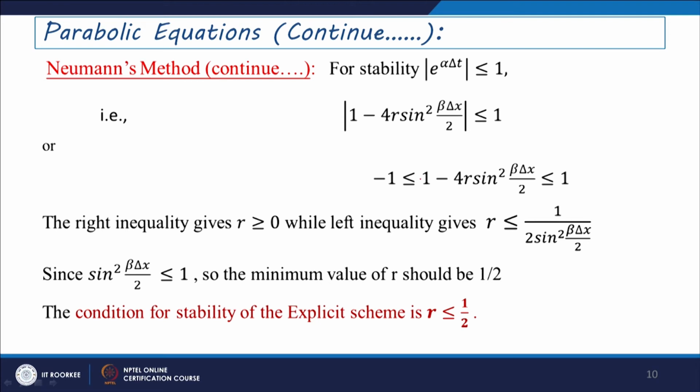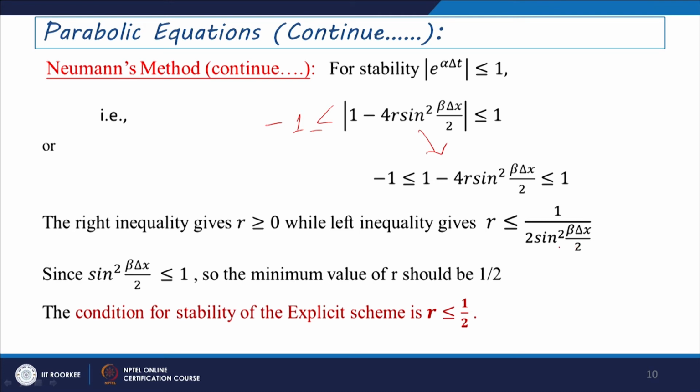So, then we can write this should be minus 1, it can be written this side here. So, this is the relationship we can establish as the inequality form, and the right inequality gives r greater than or equal to 0, while the left inequality gives r less than or equal to 1 by 2 sin square (beta delta x by 2) here.